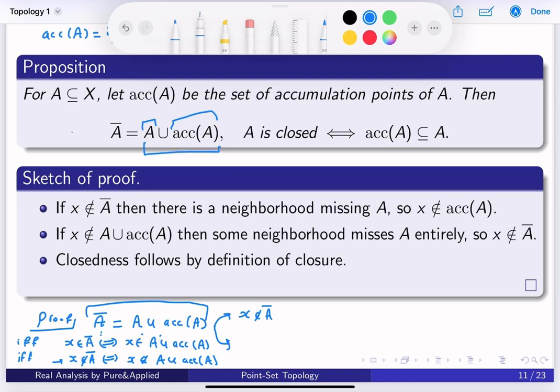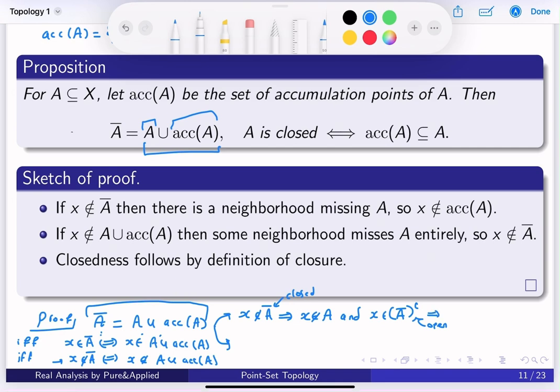Well, that's trivial. We automatically have that X is not in A, and of course, if we look at this, what does this mean? Let me just write it this way: X is in the complement of this. This is open, but since it's open, then I can find a neighborhood or an open set around X that is contained in it.